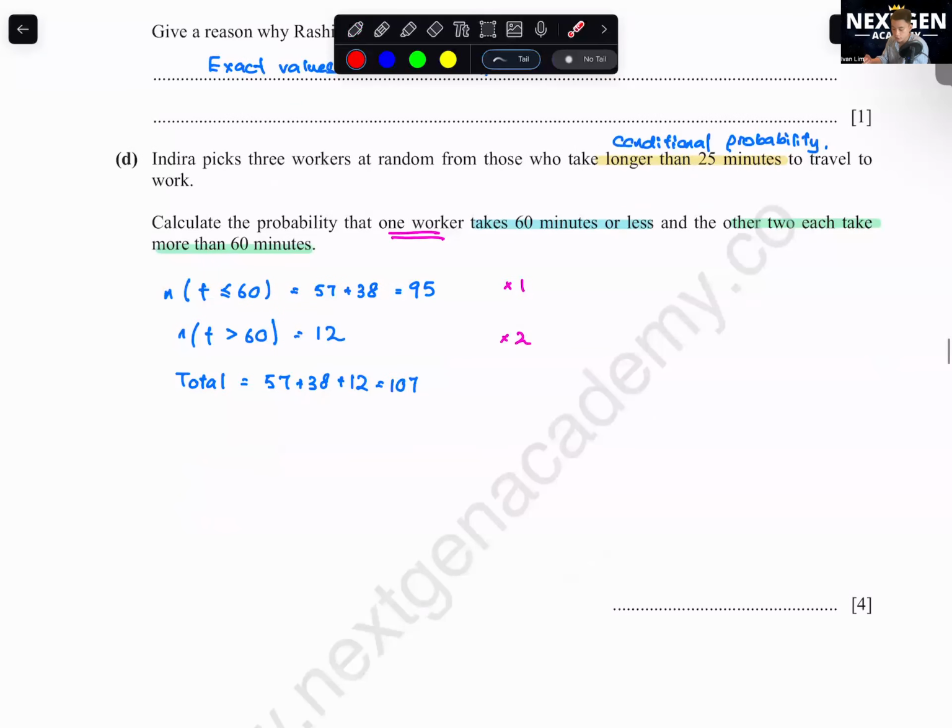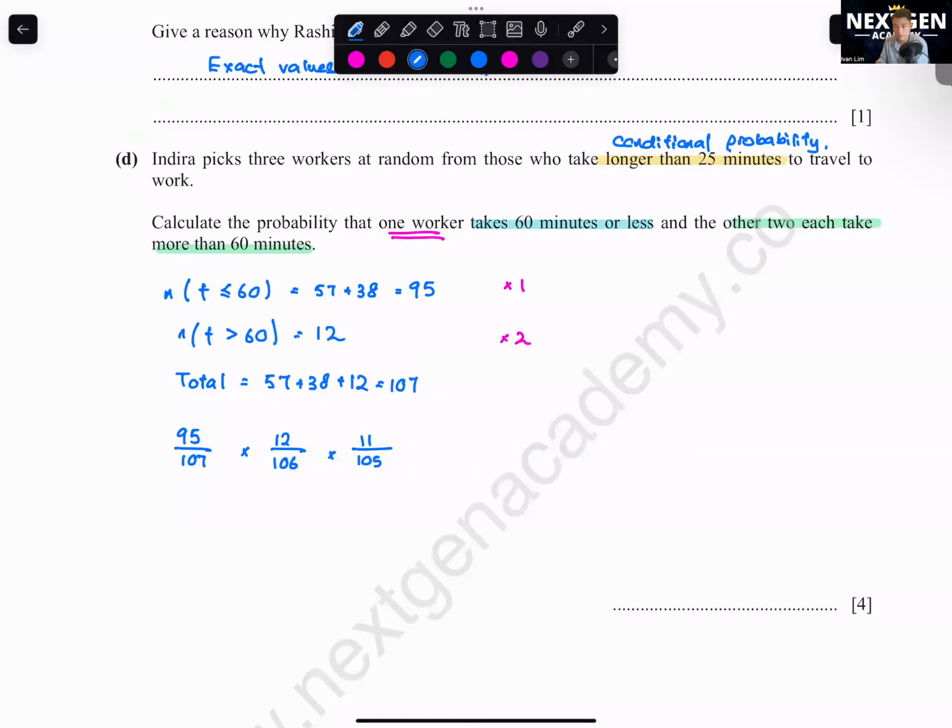So how do I do this type of probability? We will take 95 over 107. I'm going to choose that one person first. Then I choose the more than 60, 12, but now I have one less person, so over 106, times 11 over 105.